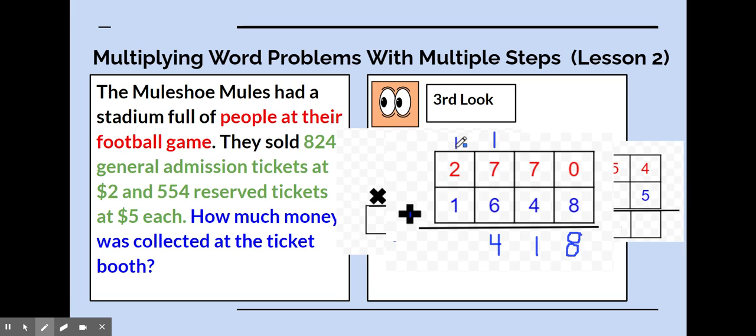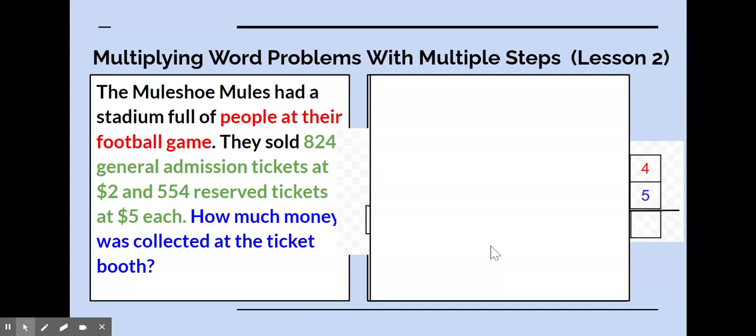Carry our 1. 2 plus 1 is 3, plus 1 more is 4. So how much money was collected at the ticket booth? $4,418.